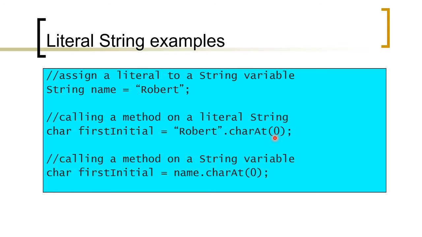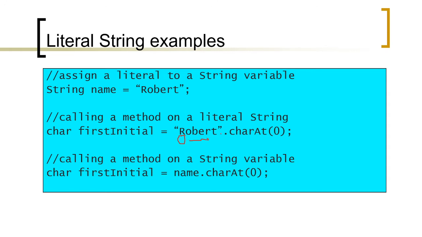The index, of course, as in arrays, starts at 0 for the first character, and so on and so forth. So for the R, the index is 0, then the O's index is 1, the B is 2, and so on.